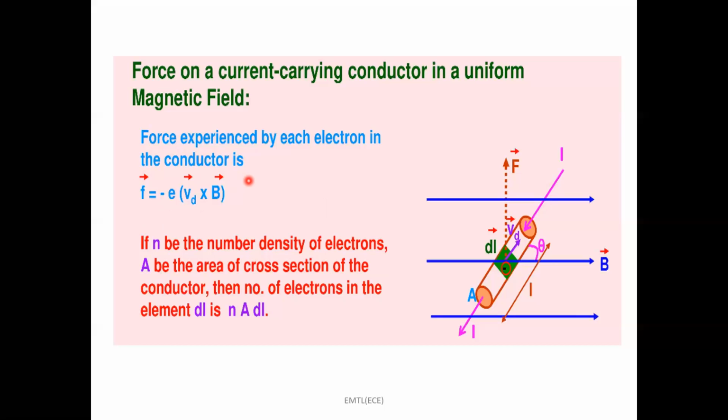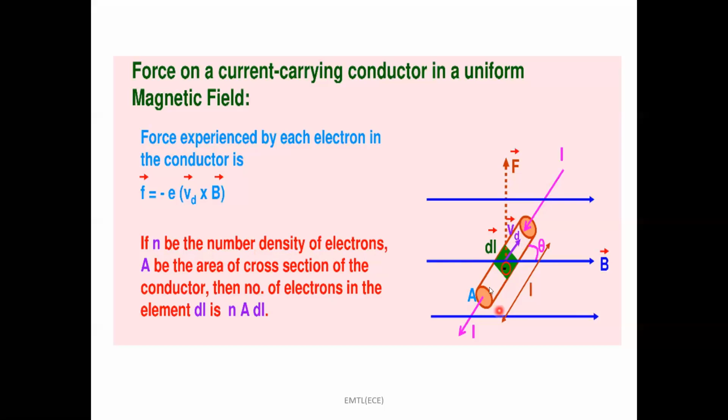So the force experienced by the electron is F is equal to minus e Vd cross B. Let us assume small n be the number density of electrons. That means there are a large number of electrons here.